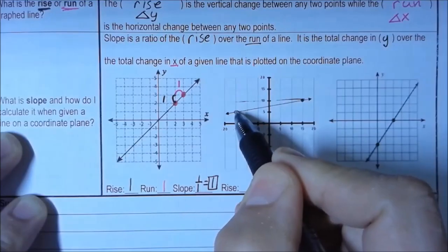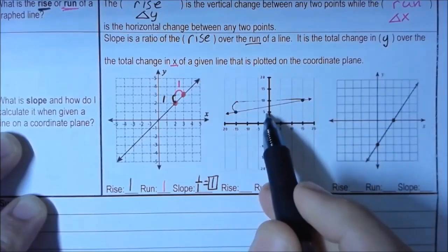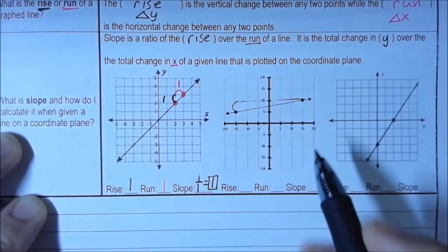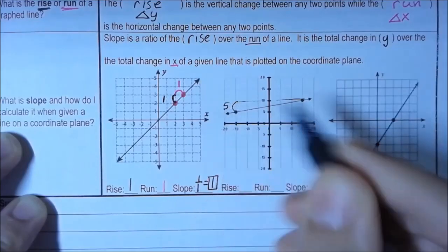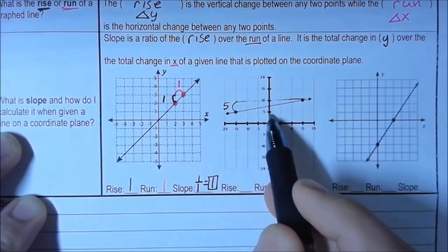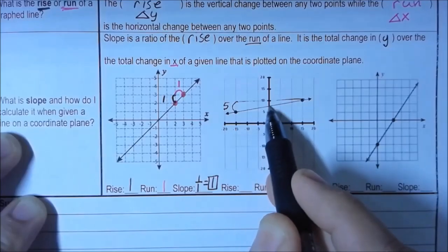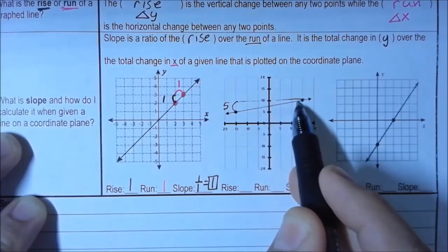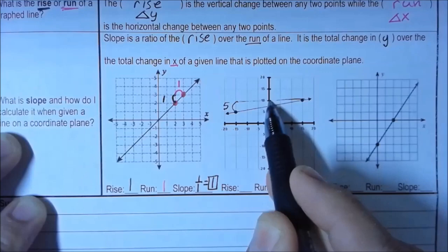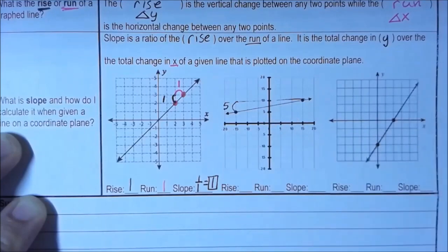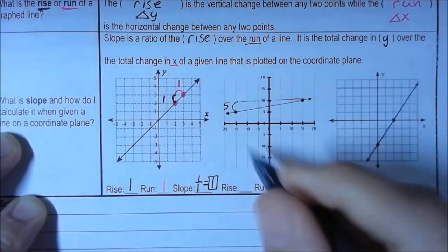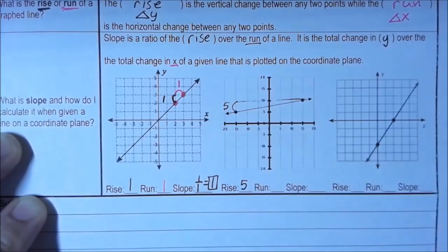We go up from 5 to 10, so we went up 5 units. Even though we moved up 1 space, because we were lined up with 5 and moved up to where 10 is, we actually moved up 5 units. So our rise was 5. I'm going to write a 5 right there.